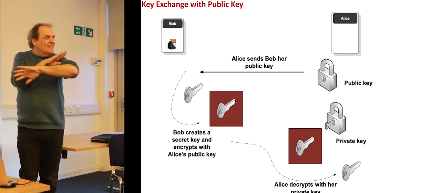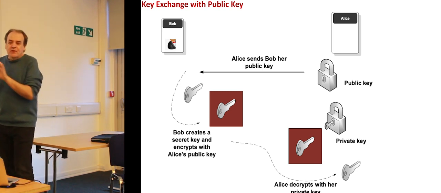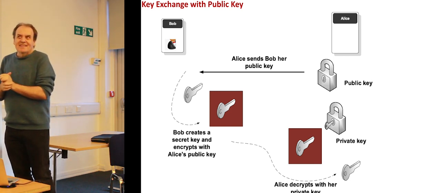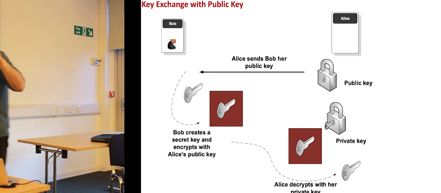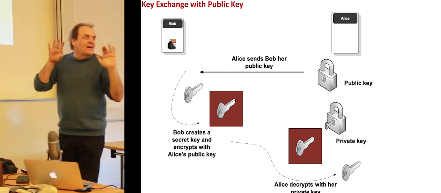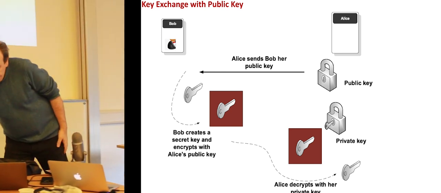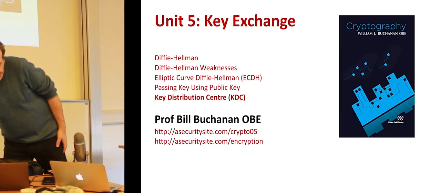So it's gone from TLS 1.3, and we use elliptic curve Diffie-Hellman. The way of wrapping the session key with the public key is history.